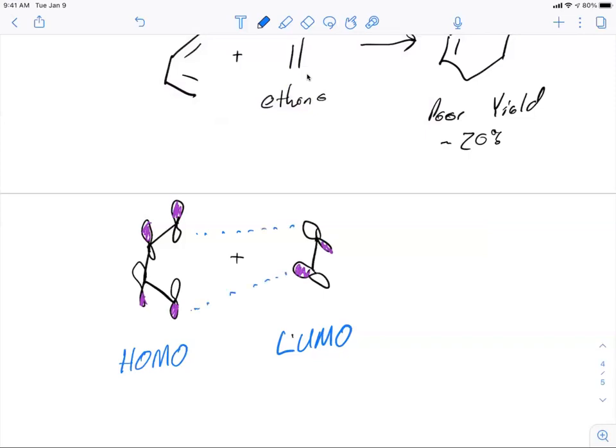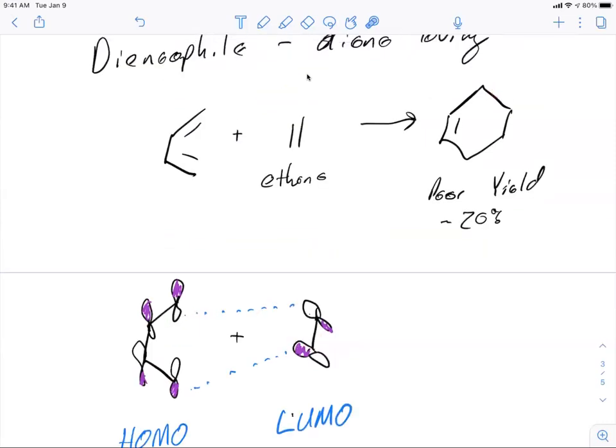The unshaded parts at the top are interacting, and these pi interactions, these p orbital reactions, will result in the sigma bonds here. So we're going to be changing the hybridization to give us the sigma bonds.